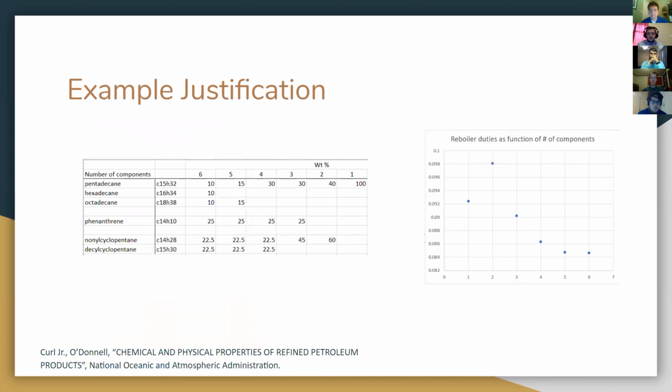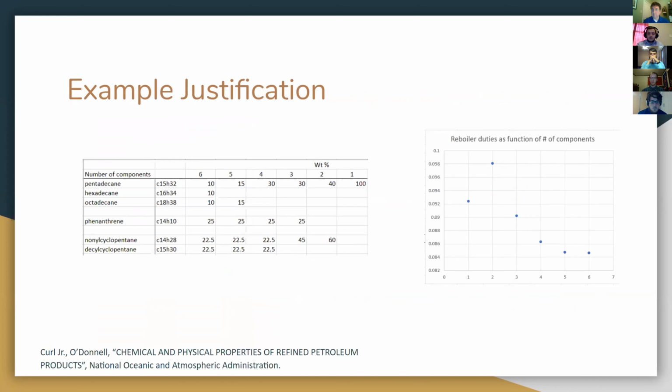And so this is an example justification. We actually would feed a group of components through a distillation tower or a flash drum, and we would remove a component one at a time by keeping that total mass flow constant through that flash drum.